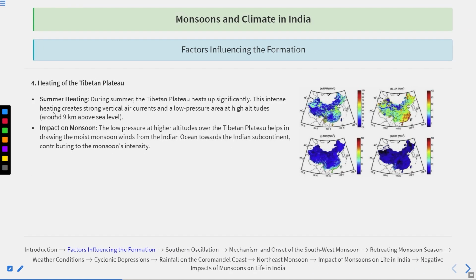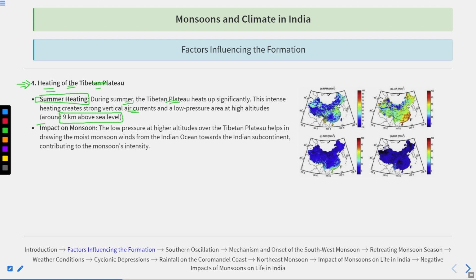Now you can see there is point 4. This is the heating of the Tibetan Plateau. First is the summer heating. During the summer, the Tibetan Plateau heats up significantly. This intense heating creates strong vertical air currents and a low pressure area at high altitudes, generally about 9 kilometers above sea level.